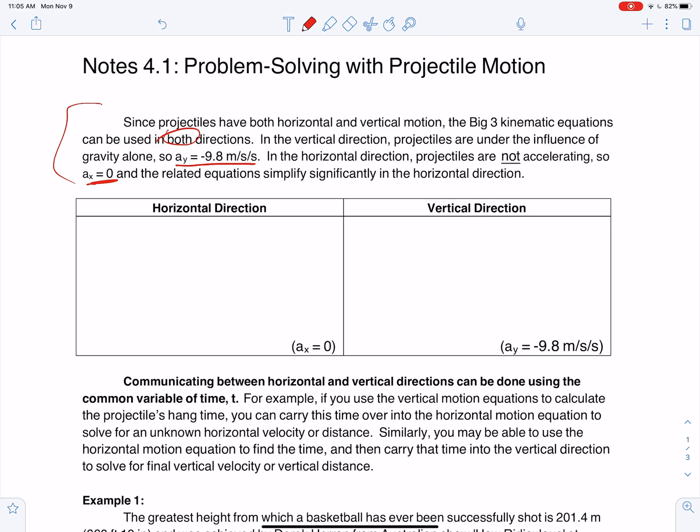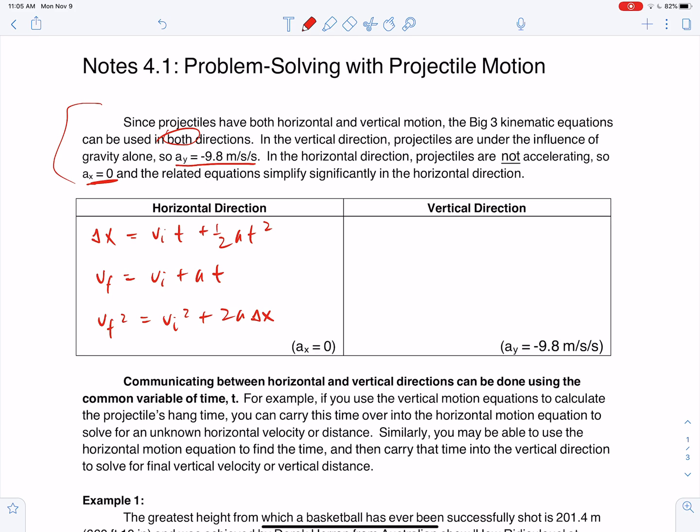So let's start with horizontally. In the horizontal direction, the big three equations would look like this. Delta x equals v initial t plus 1/2 a t squared. Equation 2 would look like this. Equation 3 looks like this.